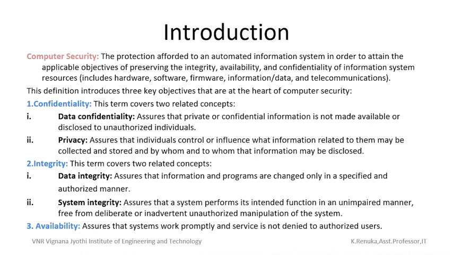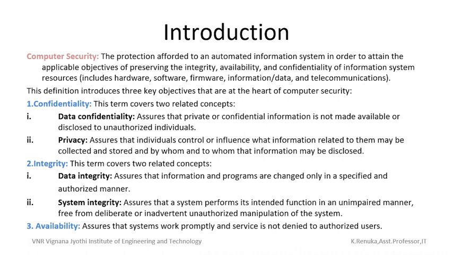Confidentiality covers two related concepts: data confidentiality and privacy. Whatever data is sent from the sender to the receiver should not be disclosed to any unauthorized individuals. That is called confidentiality.